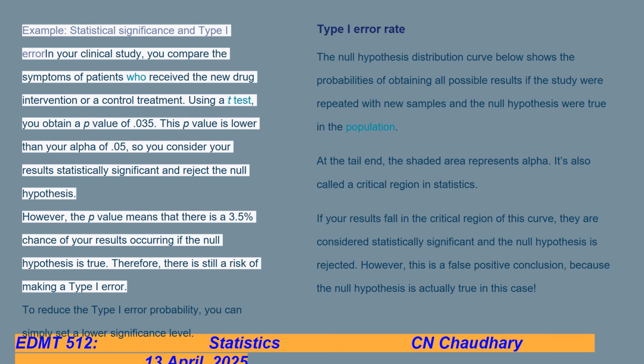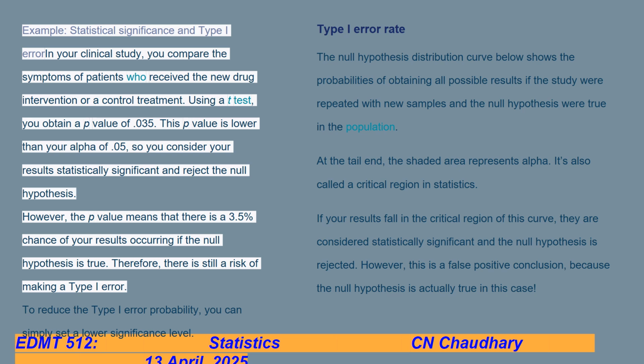It's also called the critical region in statistics. If our result falls in the critical region of this curve, it is considered statistically significant and the null hypothesis is rejected. However, this is a false positive conclusion because the null hypothesis is actually true in this case.